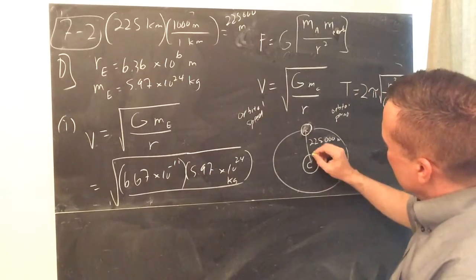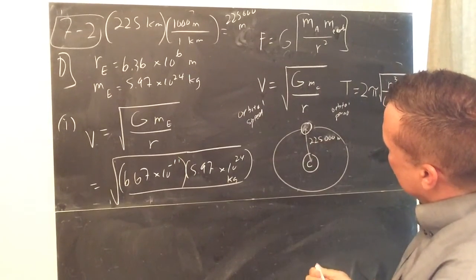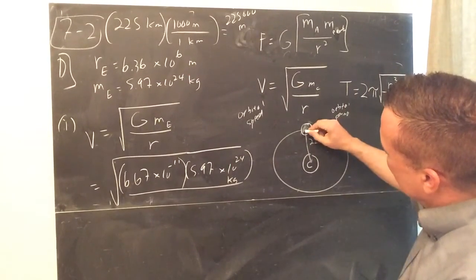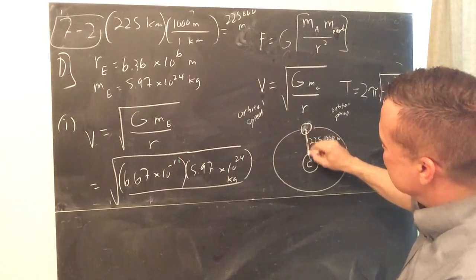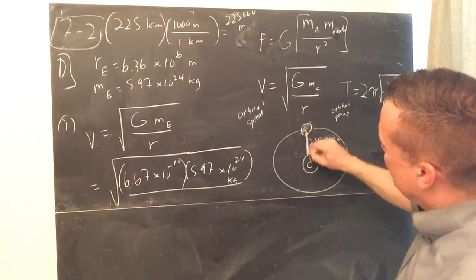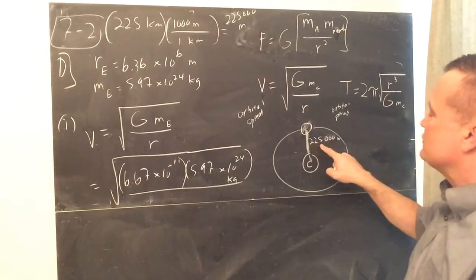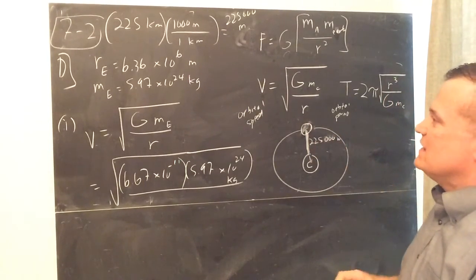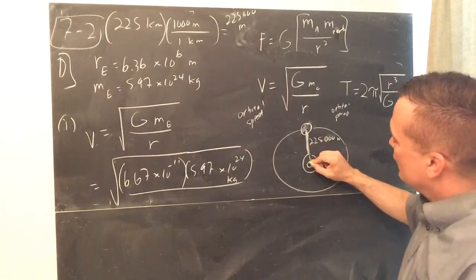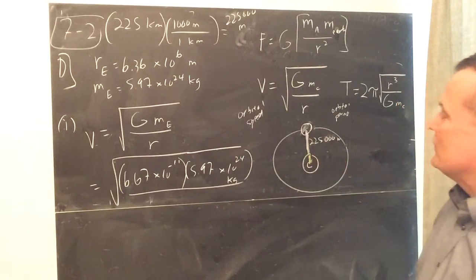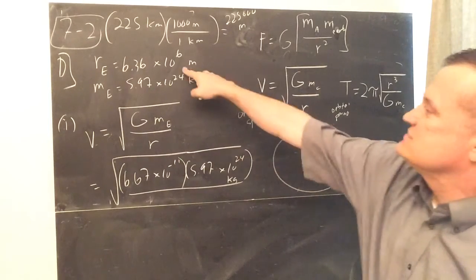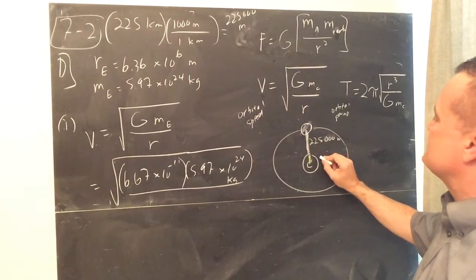From the center of the planet, or the moon, the satellite, I'm sorry, this little part I'm coloring in white is 225,000 meters. But now, the center of the Earth will be the green part. From the center of the Earth to the surface of the Earth is 6.36 times 10 to the 6.